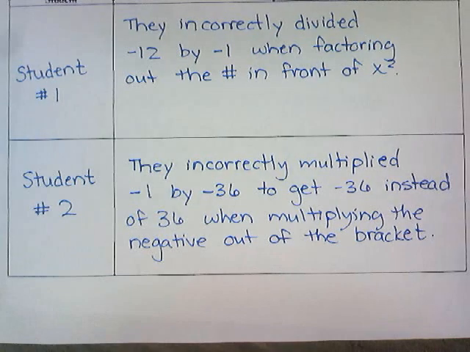So I said they incorrectly multiplied -1 by -36 to get -36 instead of +36 when multiplying the negative out of the bracket.